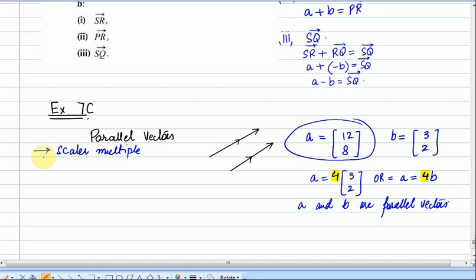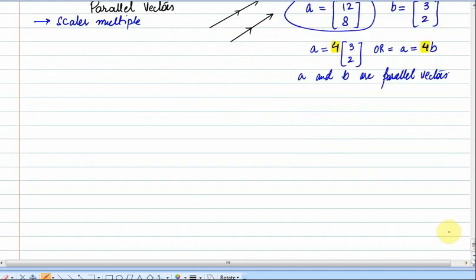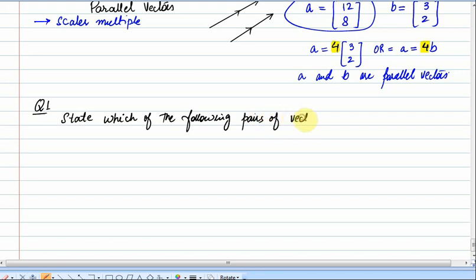The question says, state which of the following pairs of vectors are parallel.